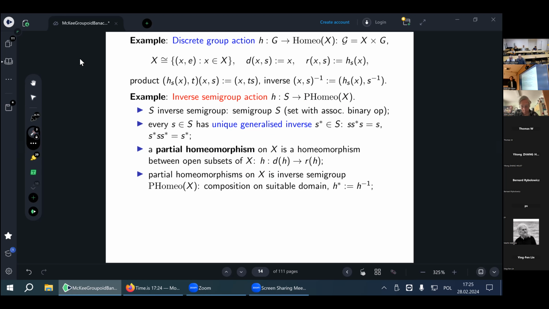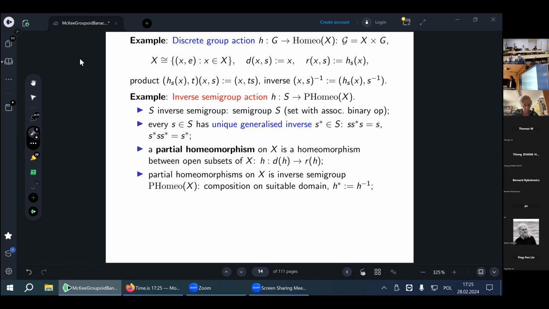So that's S. Now what is this thing? A partial homeomorphism on X is a homeomorphism between two open subsets of X. If H is a partial homeomorphism, there's a domain of H, which is an open subset of X, a range of H, which is an open subset of X, and H is a homeomorphism from here to here.